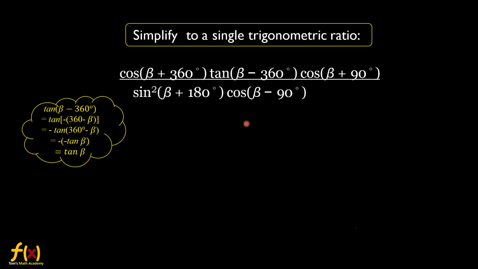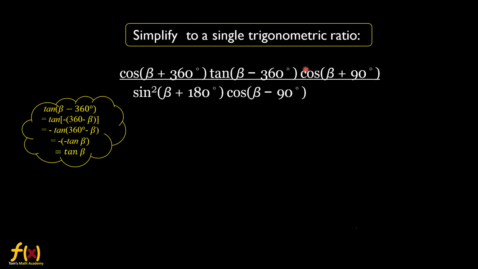We can manage that. The last one is cos beta plus 90. Which quadrant? 90 plus, moving to the second quadrant, where cos will be negative. Remember, don't forget, don't be confused. Cos in the second quadrant is negative.